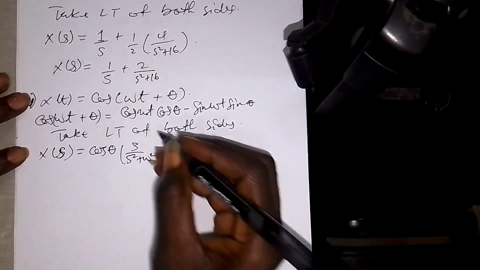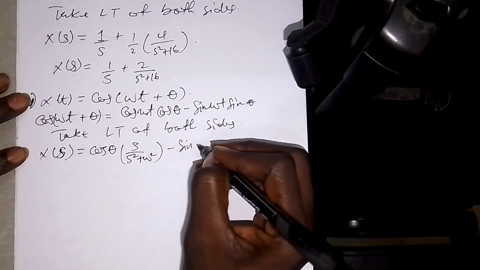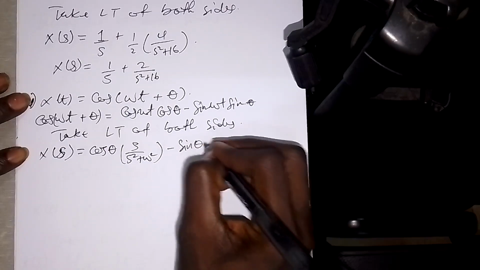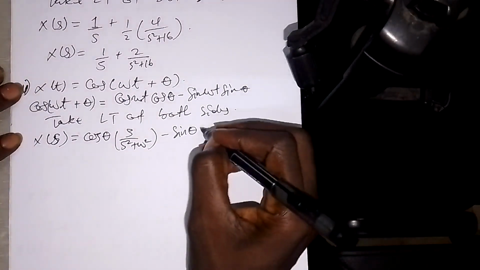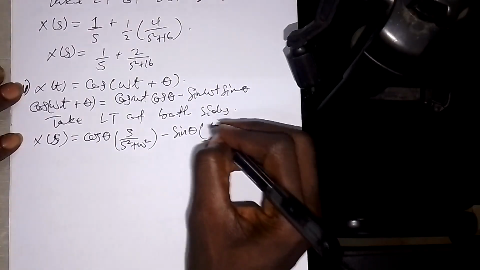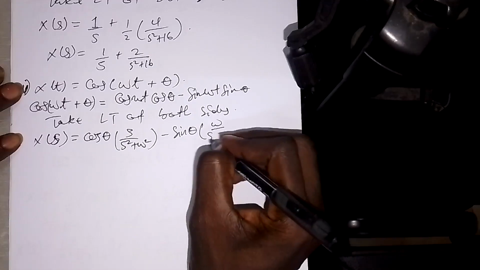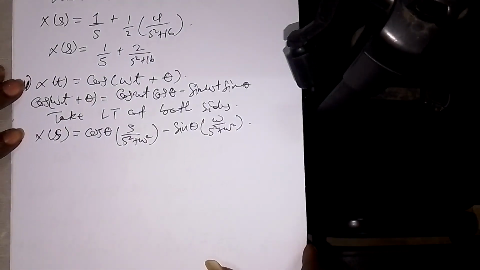Then I can have minus sine theta, and for sine omega t I'm going to have omega over s squared plus omega squared. So that's what I'm going to have.